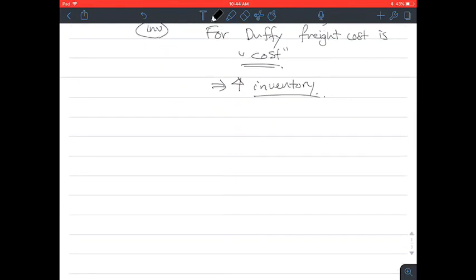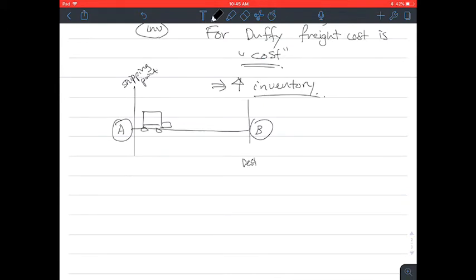So you have learned this. When there are two entities, this is A, and let's say this is B, and this is a truck. This is the shipping point, and this is the destination. So the problem here is that an ownership problem occurs. Why?